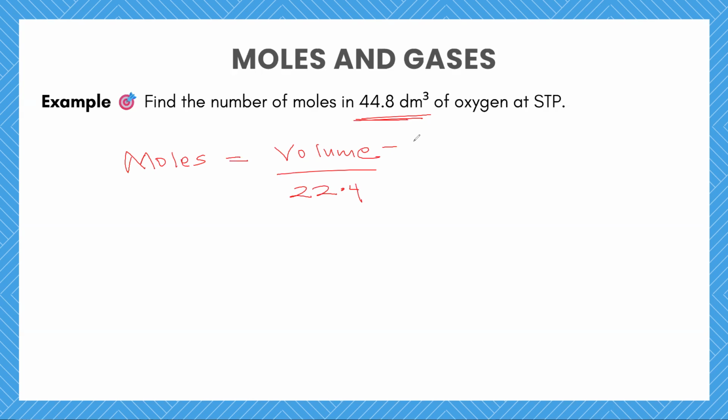So the volume that it occupies is 44.8 dm³, as you can see over here. So we just quickly divide it by 22.4. So the number of moles will be given by 44.8 divided by 22.4. If your calculator punches correctly, that should give you 2 moles. It is as simple as ABC. It doesn't get easier than that.